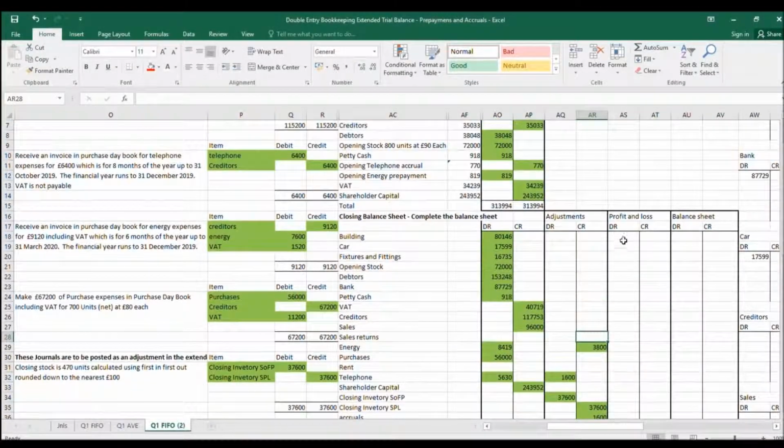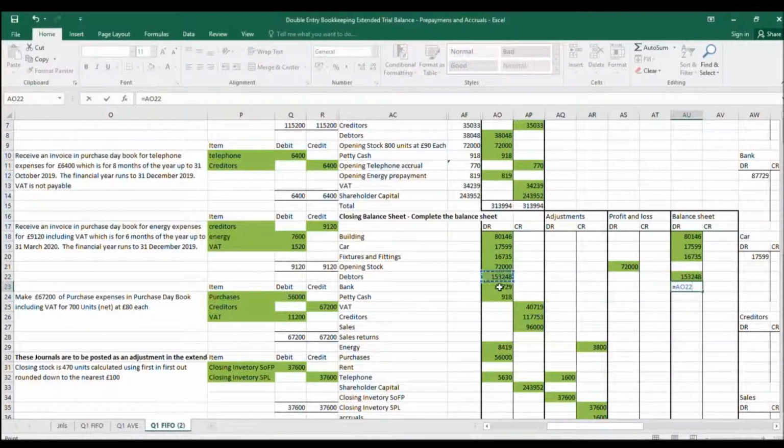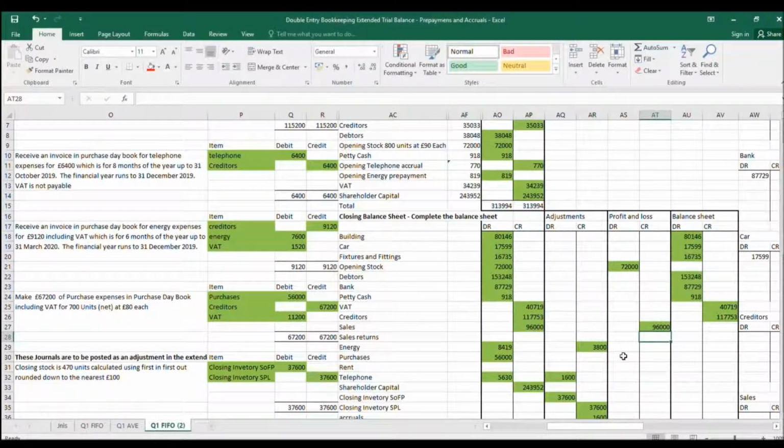Now let's move this over into our extended trial balance. So we've got our buildings and our car and our fixtures and fittings. Opening stock, remember, has been paid off and that's put into the profit and loss account. Our debtors goes there, and our bank is there, petty cash is there, VAT, creditors, sales is in our profit and loss account.